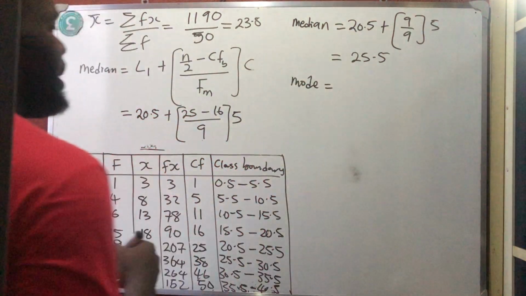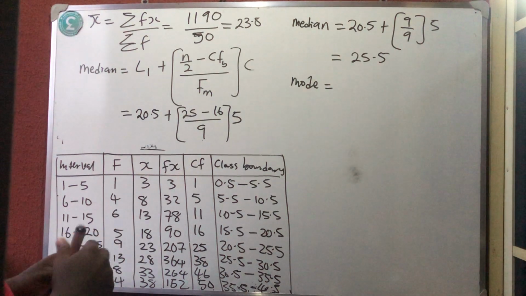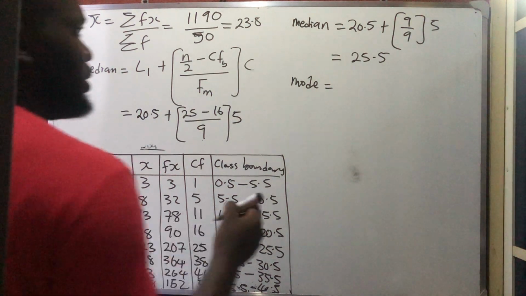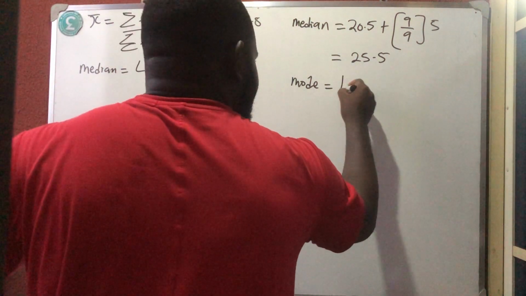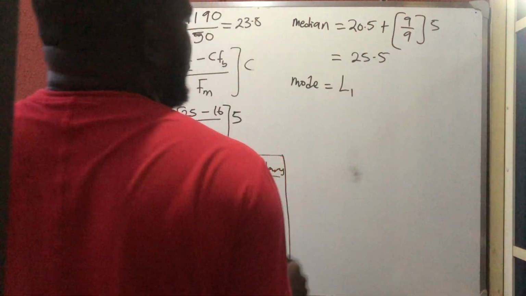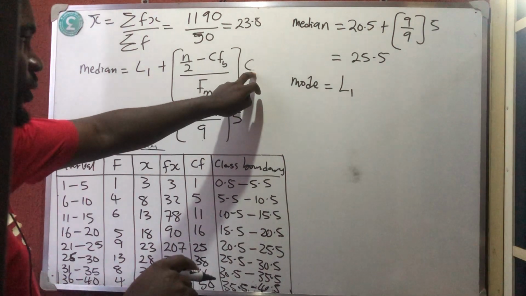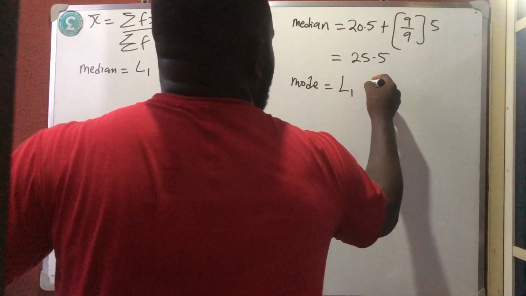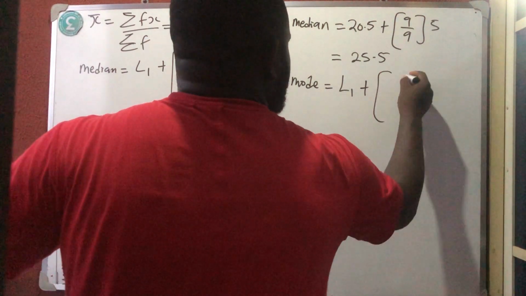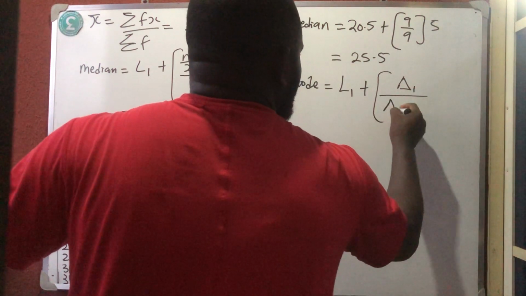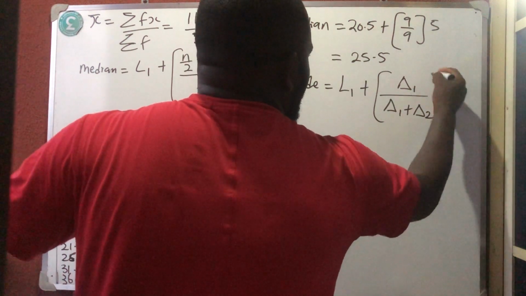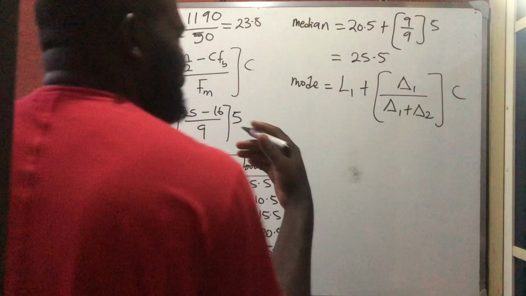Now remember that mode is the highest occurrence, the highest frequency. So for mode, you must start from that L1 and end in C. For mode and median, we start from L1 and end in C. Here it is L1 plus change in 1 all over change in 1 plus change in 2, everything multiplied by C. Very simple formula.